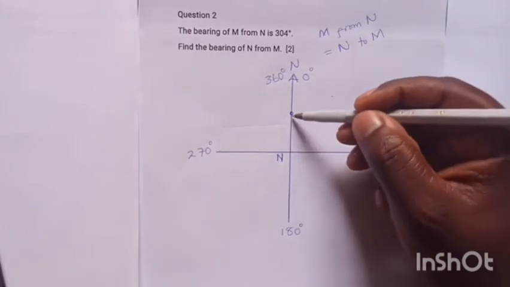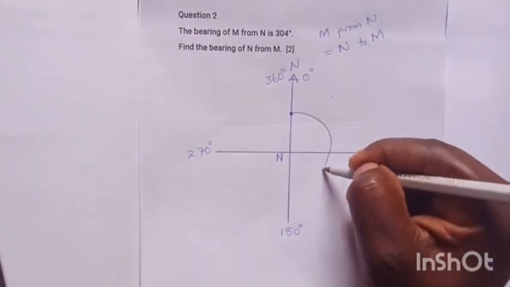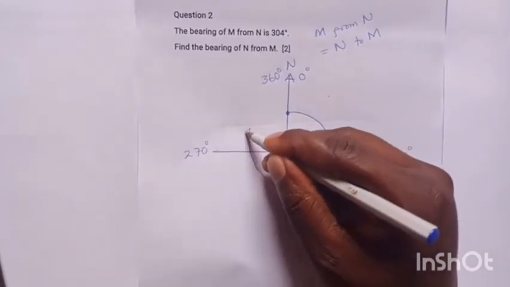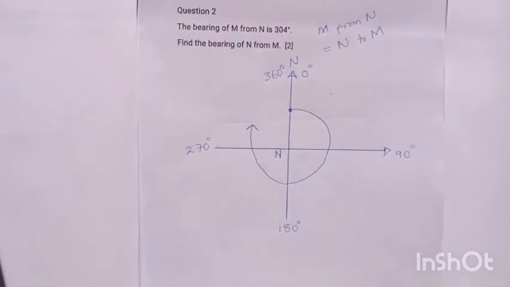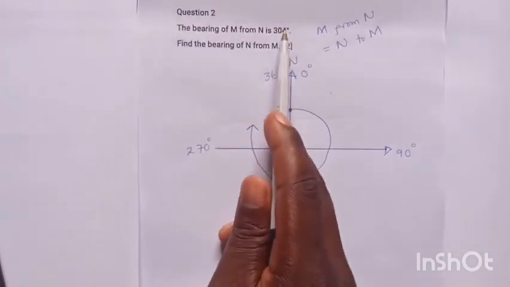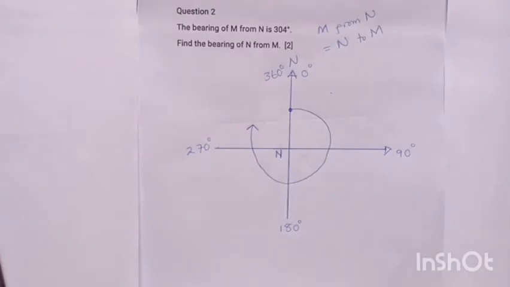So we need to move from the North Pole of N in a clockwise direction and place the arrow in the 4th quadrant between 270 and 360. Why? Because 304 is between 270 and 360. I hope you are following.